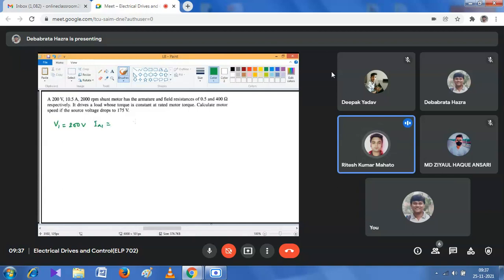Sir, armature current 0.5. No, this is armature resistance. Armature resistance is 0.5, and the field resistance value is 400.